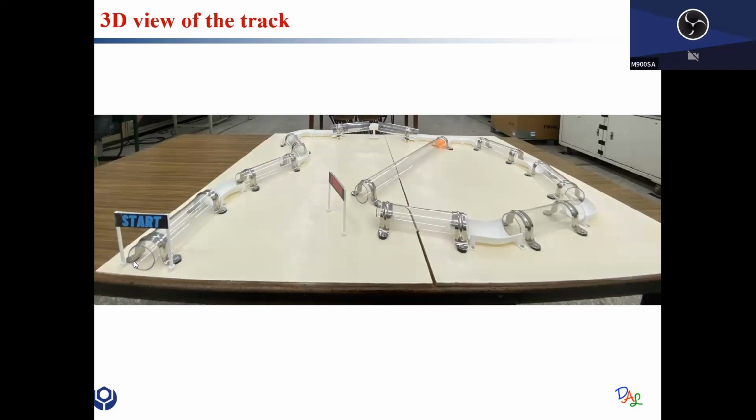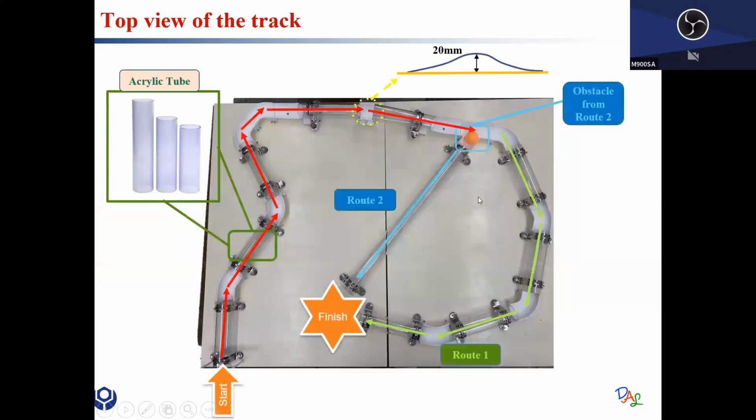Your robot should go inside this tube and go around to the end of the track. Some portion of the track is an enclosed tube, but some portion is half open. So here is the top view of the track.